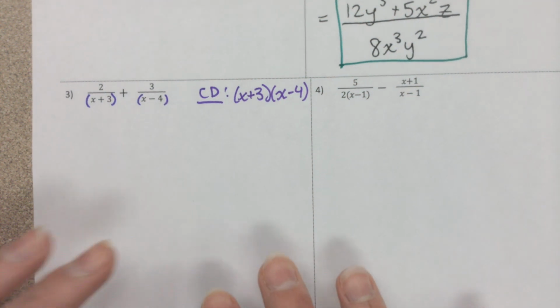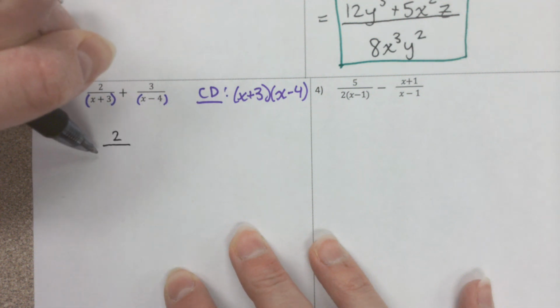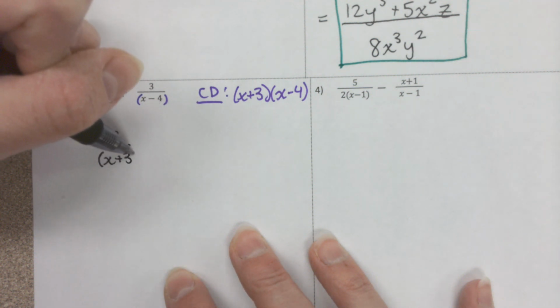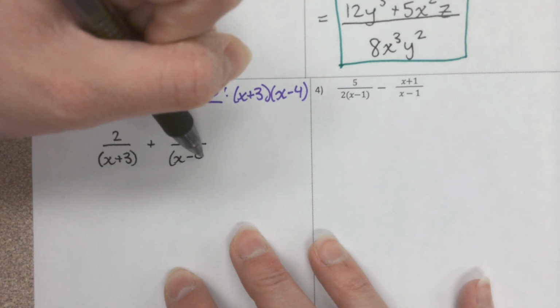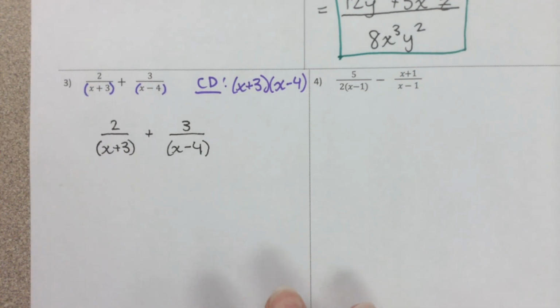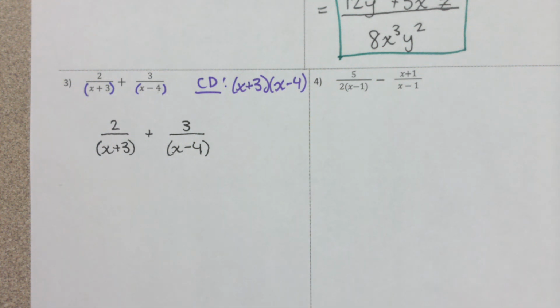Again, I'm going to rewrite this to show the work. Give me some more space. 2 over x plus 3 plus 3 over x minus 4. I'm going to go ahead and set up my goal fractions with the correct denominator.